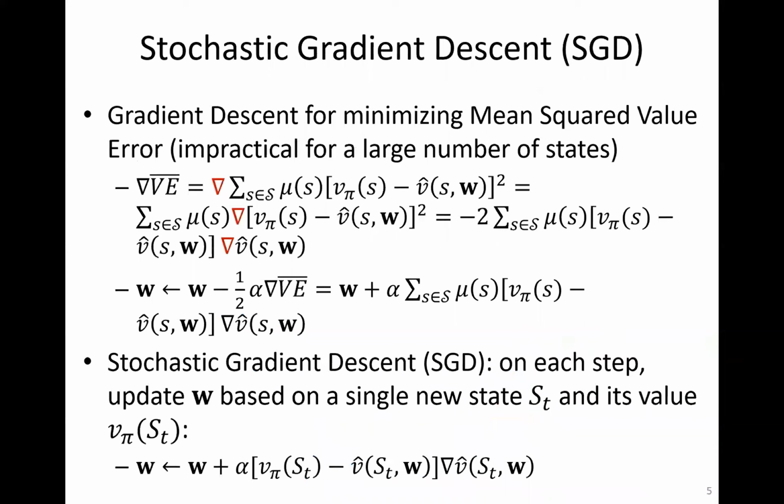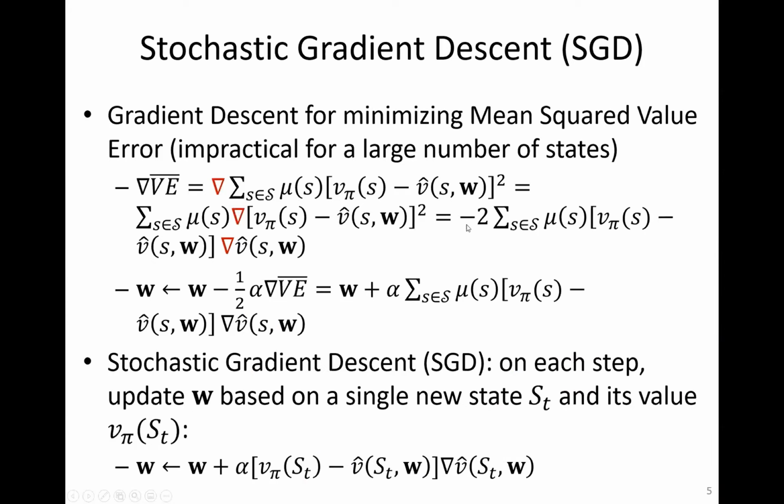So here's the gradient descent for minimizing the mean squared value error we saw before. First, we can take the gradient operator inside the sum, because it's taking the gradient with regard to the weight vector W. The sum over mu is not a function of W, so you can take it inside.